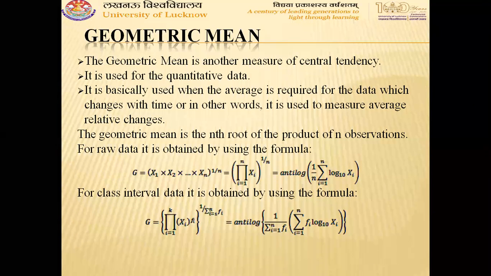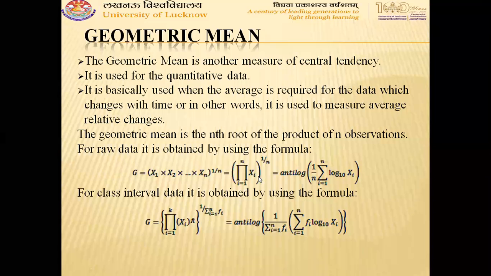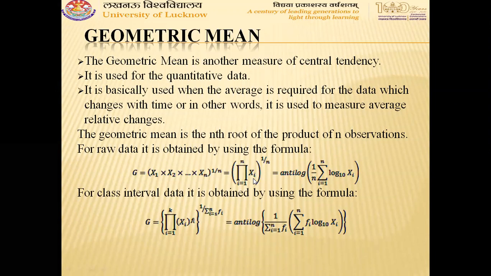For raw data, it is given by the formula: geometric mean, capital G, is equal to (x1 into x2 into so on xn) whole power 1 upon n. It can also be written in symbols as the product over i goes 1 to n of xi, whole power 1 upon n.